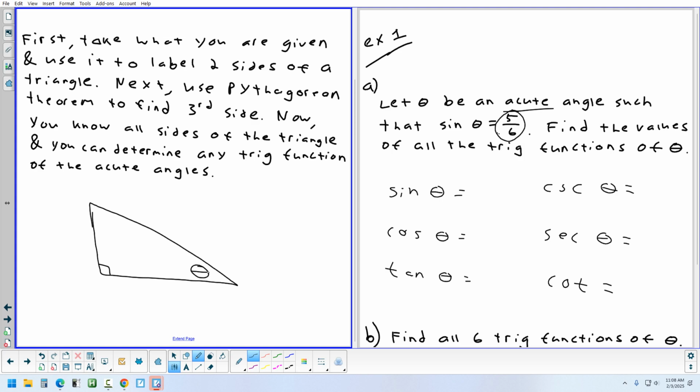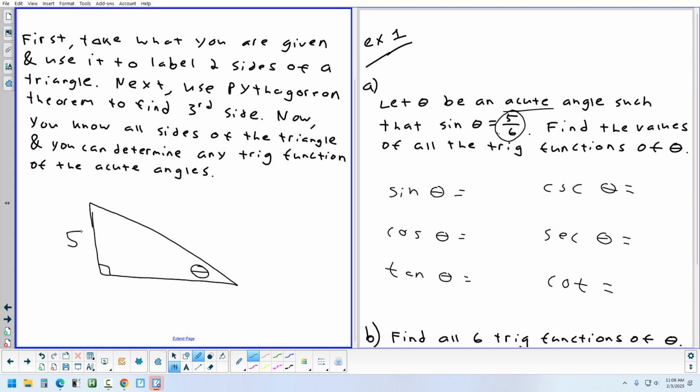Now, based on where I put theta, what side in that diagram would be labeled 5? Yeah, the left side, the height.